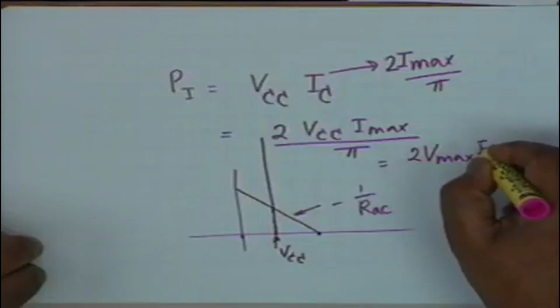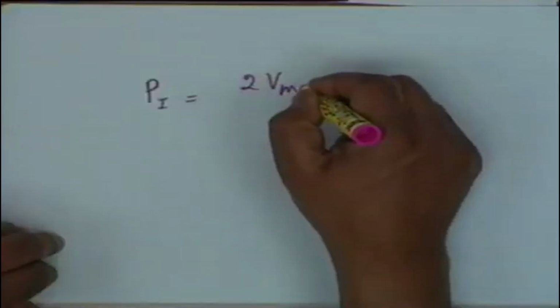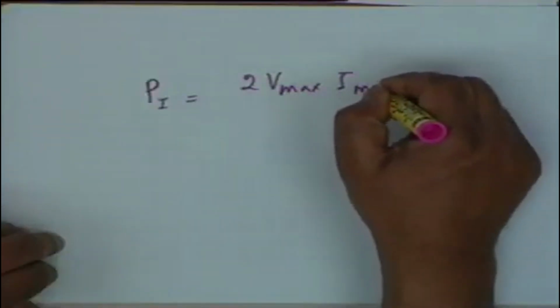Alright, and therefore my input power is twice V max I max divided by pi. This is the input power, P sub I equal to twice V max I max divided by pi.